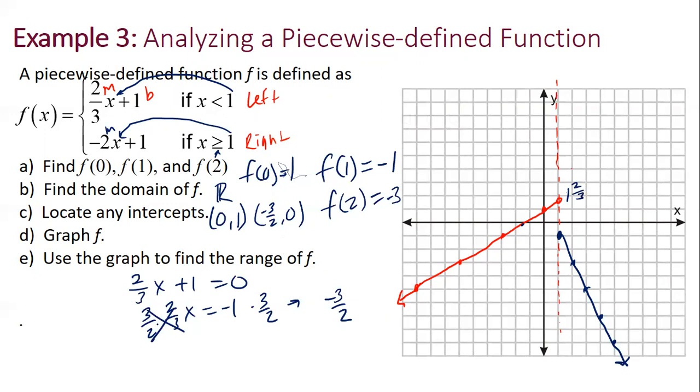So the range goes from -infinity to 1 2/3. And is it a bracket or a parenthesis? It's a parenthesis because there's a hole right there. It would have been a bracket if it was closed, but am I closed? No, it is a hole. So I can write it like this, or y is less than 1 2/3. Either way, that's how I would describe my range.